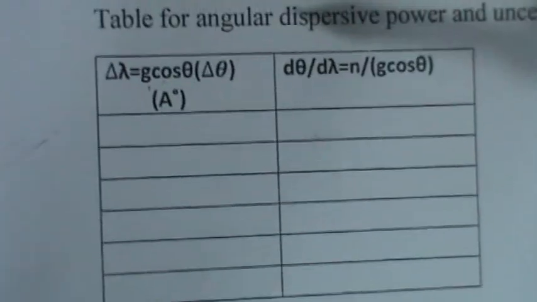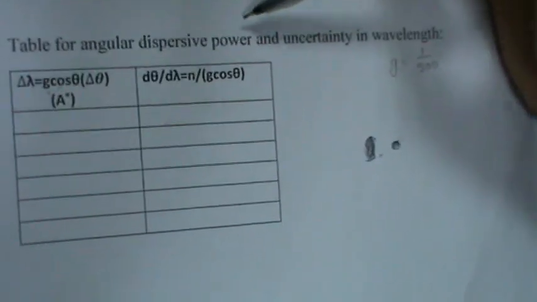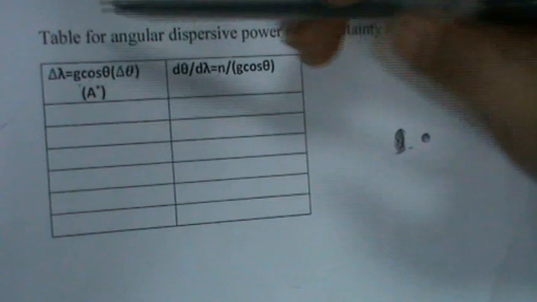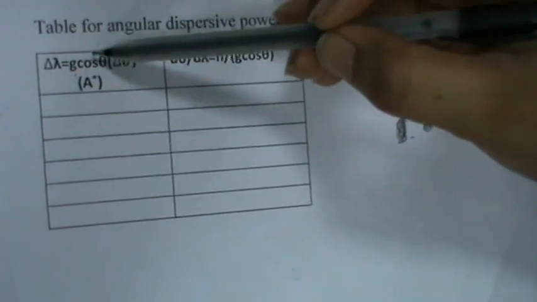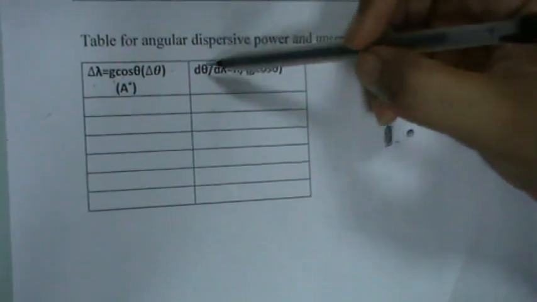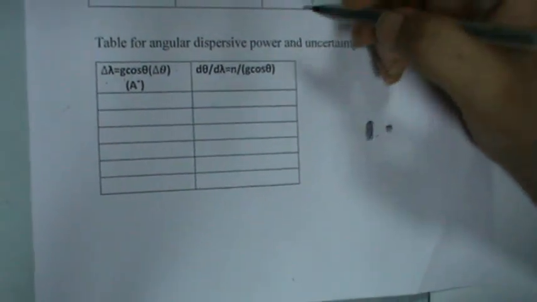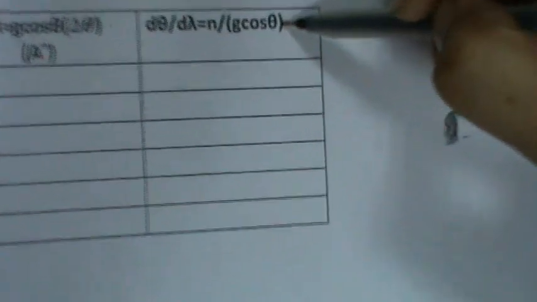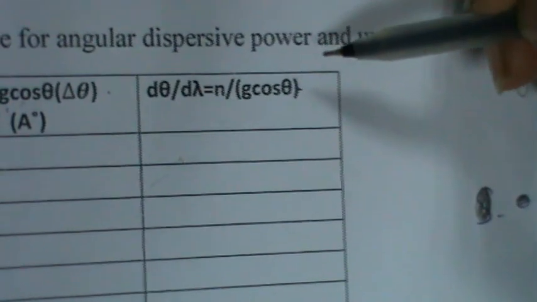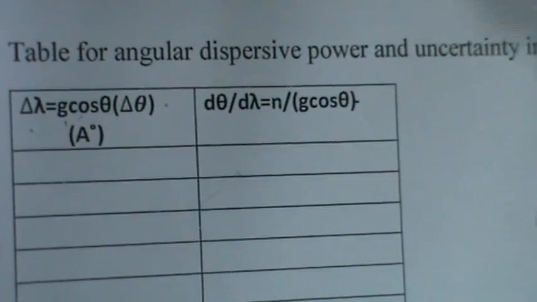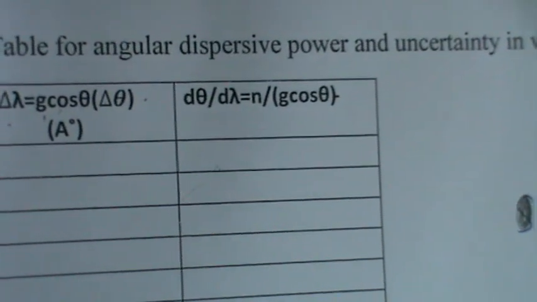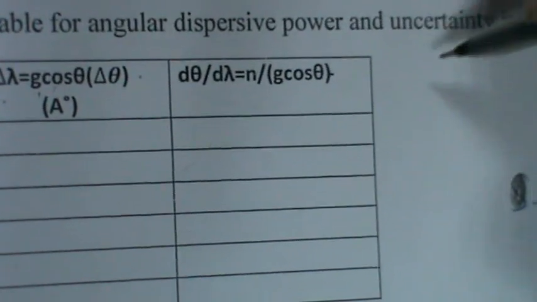The third table is for the calculation of angular dispersive power and the uncertainty in the wavelength. The formula for the uncertainty in wavelength is G cos theta delta theta, and at the end you calculate d theta by d lambda, which is the angular dispersive power. In all the calculations your grating element is 1 by n, that is 1 by 500, which is 2 into 10 raised to minus 3.